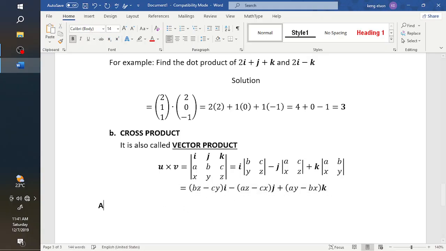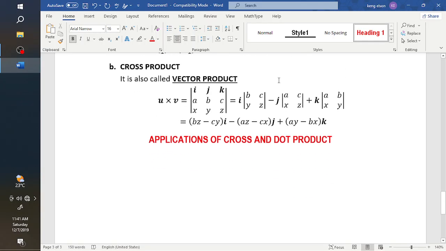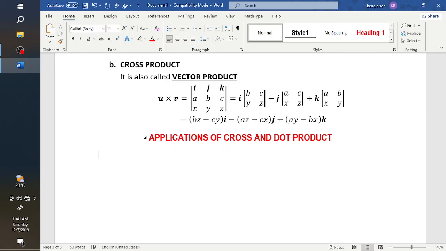Now let us see applications of cross and dot product. Is it okay? Let us see how to do the applications of the cross and the dot product. Now you have to note that, let's start with perpendicular.